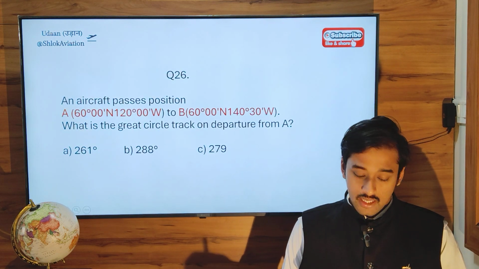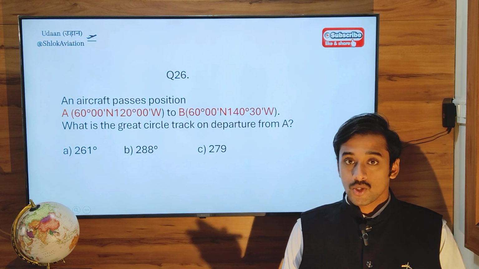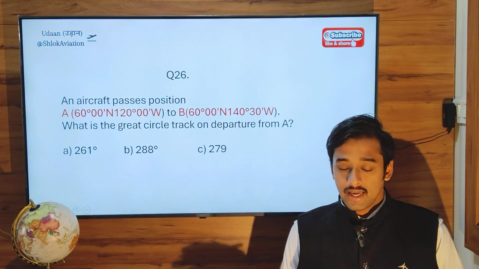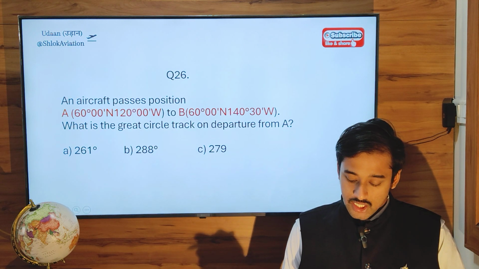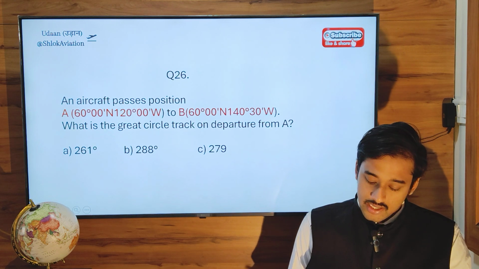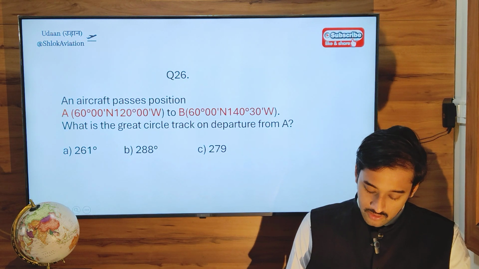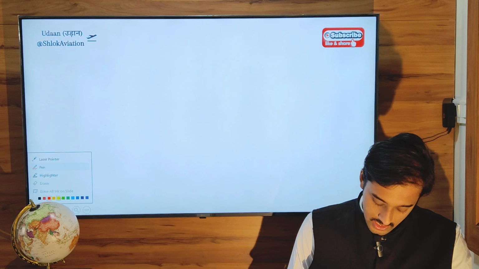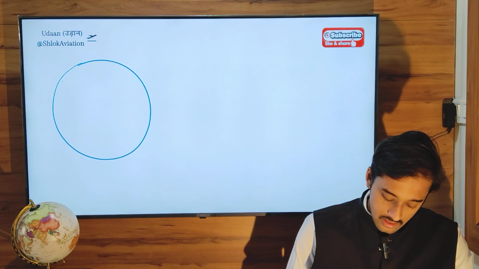An aircraft passes from position A to B, so it's going from A and landing at B. What is the great circle track from A? Very simple. Let's plot these positions. One is at 120 west, another is at 140 degrees 30 minutes west. So this is your Earth.